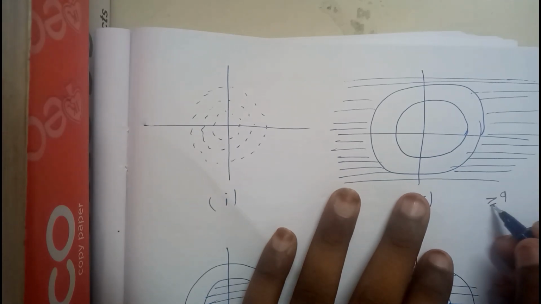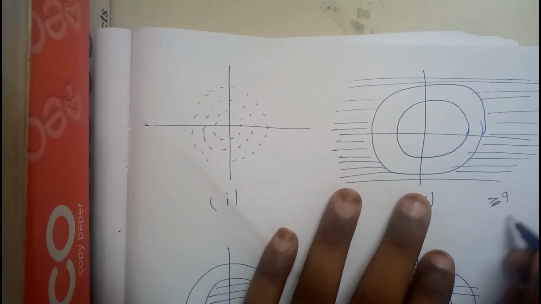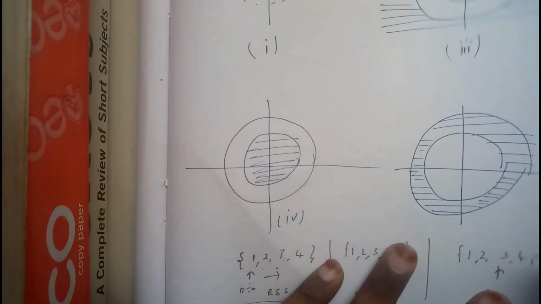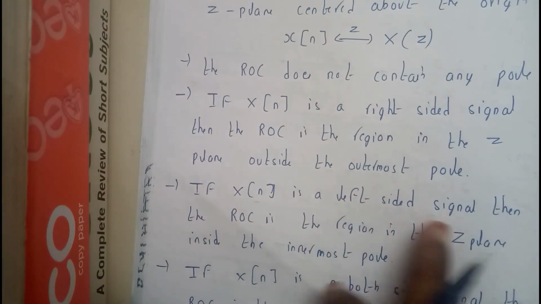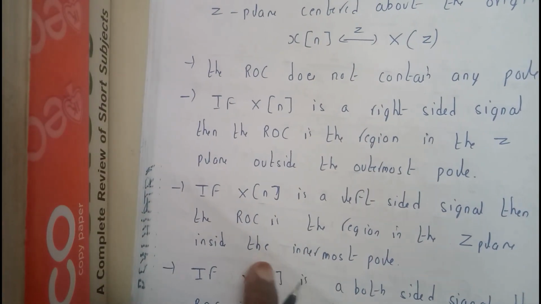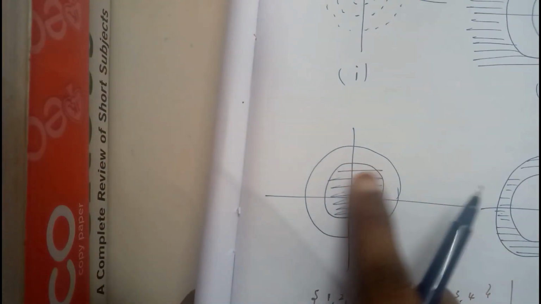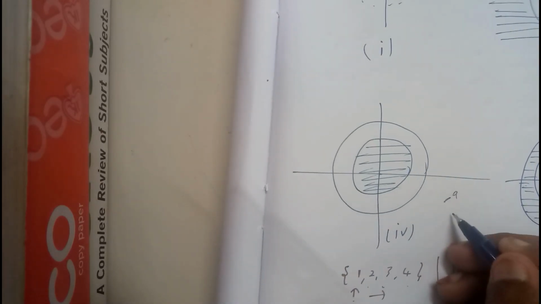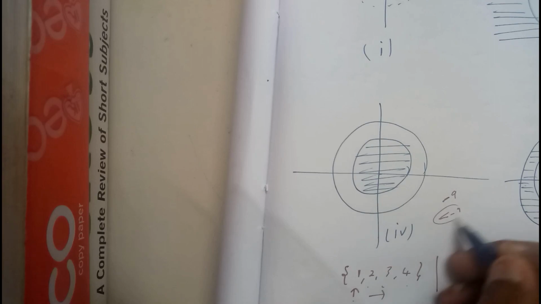If the pole is 9, it will be greater than 9. That's the reason we have the exterior region. If it is a left-sided signal, it is inside the innermost pole. If the least value is minus 9, it will be less than minus 9 guys.